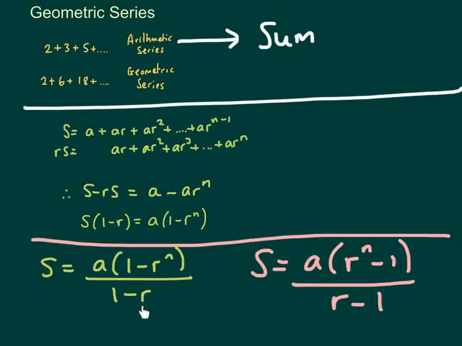We tend to use this one, the green one, if r is less than 1. We use this one if r is bigger than 1, because then that would give us a positive number on the denominator, so it just gives us an easier formula to work with. But ultimately, if you use either one, in either context, as long as you're careful with your signs, they'll give the same answer. Okay, so let's have a look at doing some examples then.